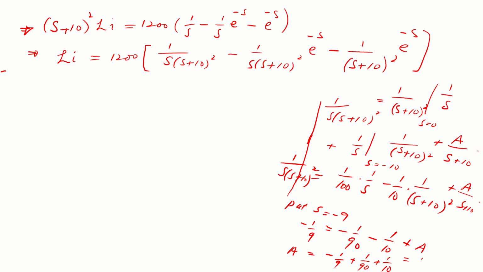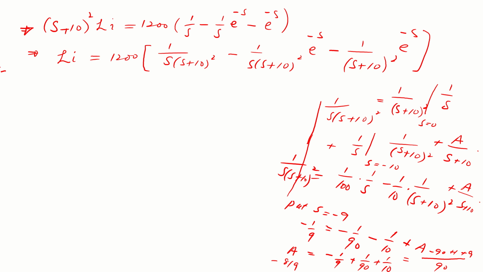You can simplify, the LCM is 90. So this is minus 10, this is plus 1, this is plus 9, which will give you 0. So a is basically equal to minus 8 by 9.